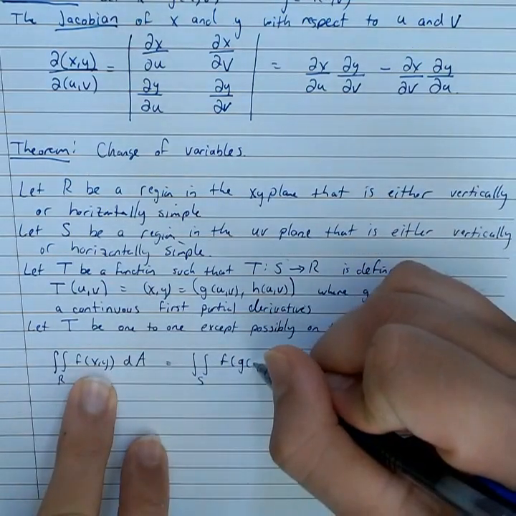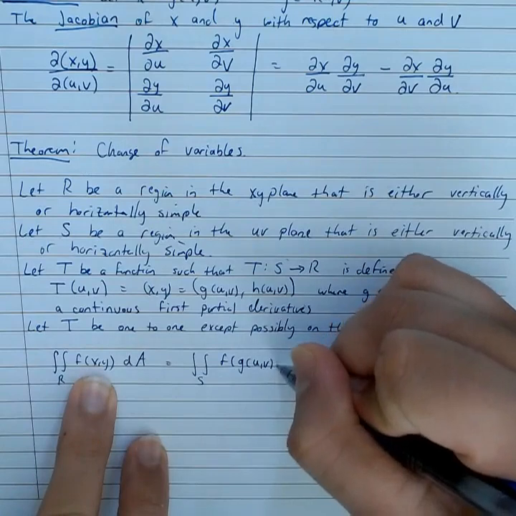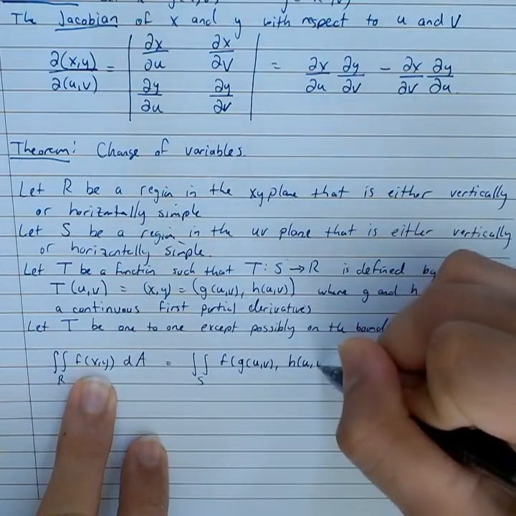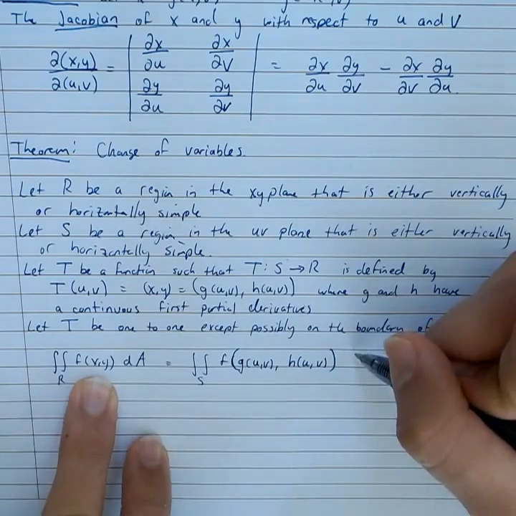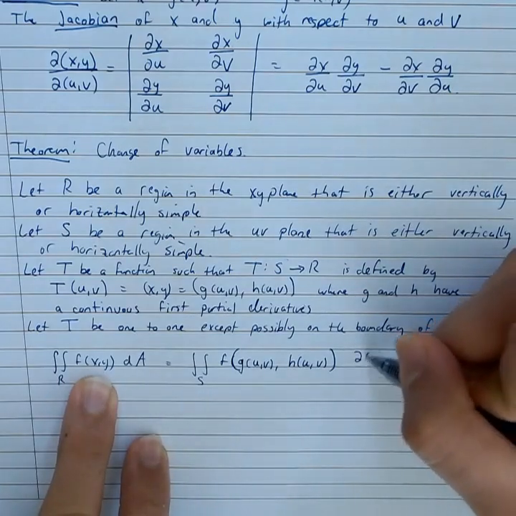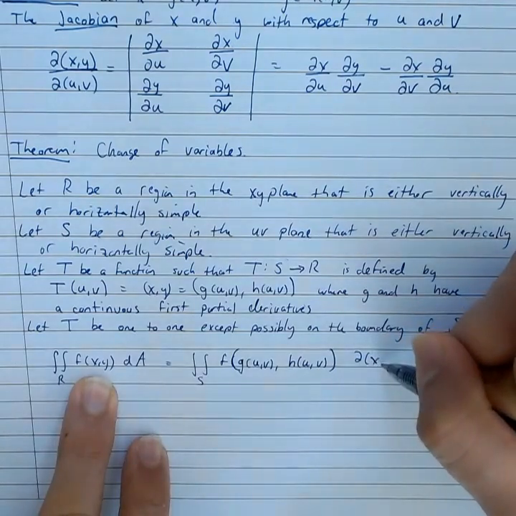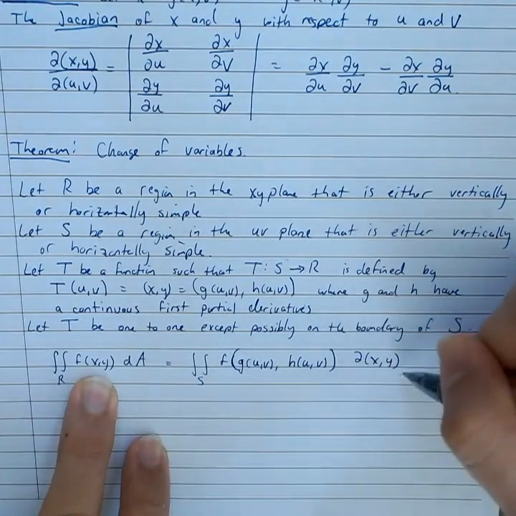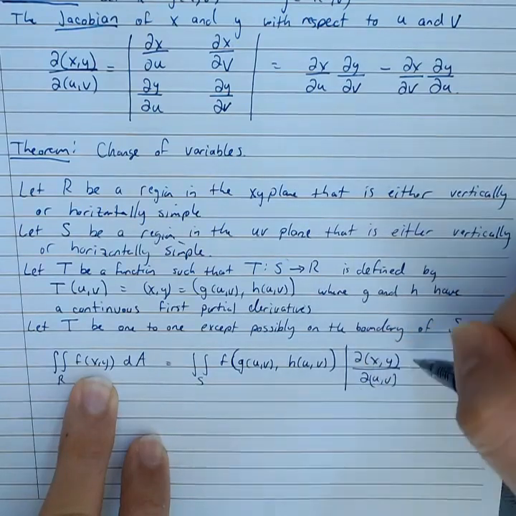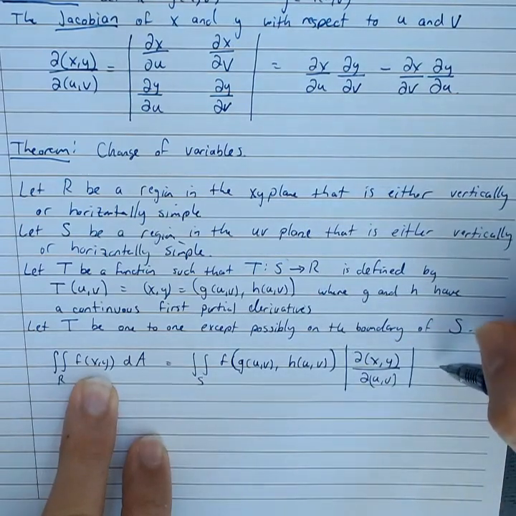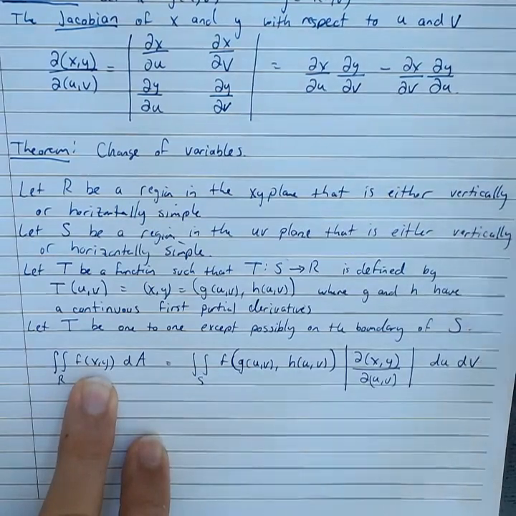So f of g of u comma v comma h of u comma v times the Jacobian partial xy over partial uv. We're going to take its absolute value with respect to u and then with respect to v.